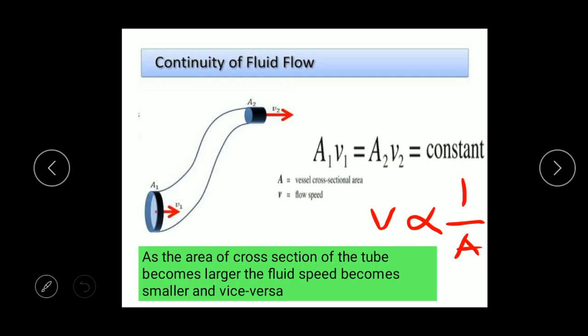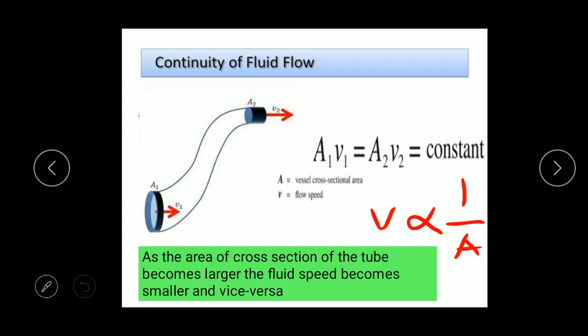When the area of cross section of the tube becomes smaller, the speed becomes large. So in this way we can state the continuity equation: A1 V1 is equal to A2 V2, or V is inversely proportional to A. The speed of the liquid is high where the tube is narrow, and low where the tube is wide.